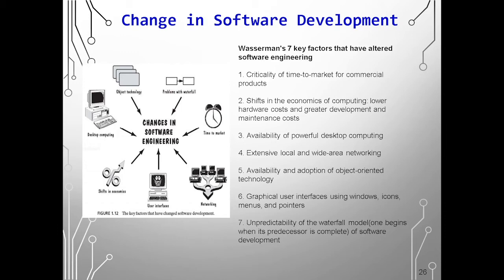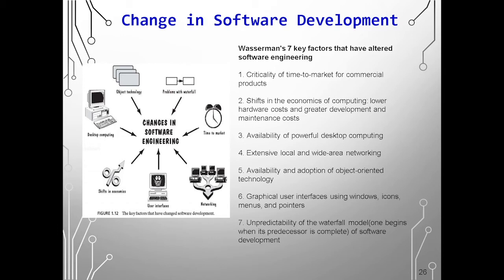2 is shifts in economics of computing, where lower hardware costs and greater development and maintenance costs cause us to maybe get a little bit sloppy, because it's a lot cheaper and easier to just give a system more memory or more computing power than it is to pay a developer more to figure out a way to make it faster or easier.